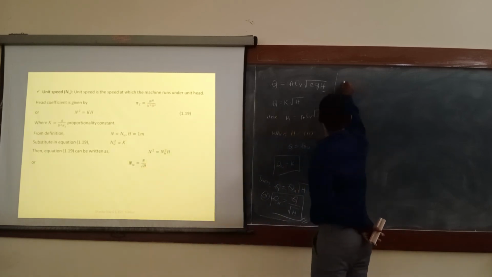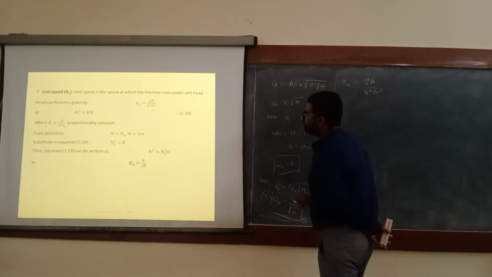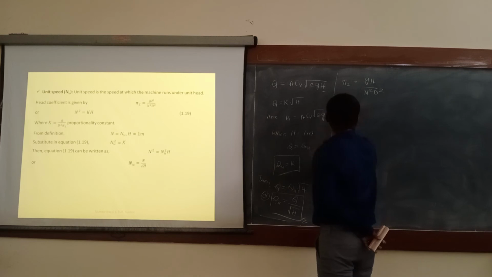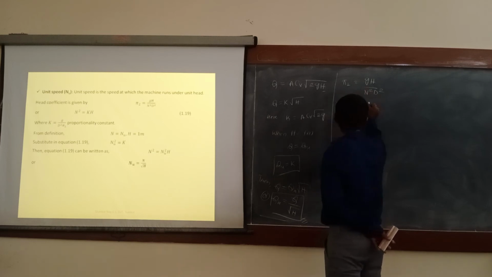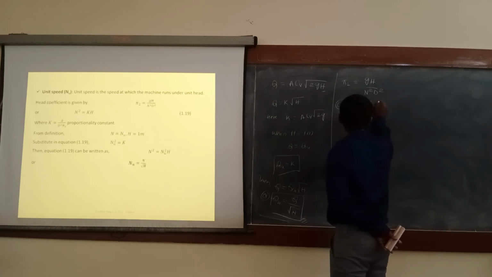What is the head quotient? Psi is equal to gH divided by N square D square. Or what is the head? It is equal to psi into N square D square divided by g.